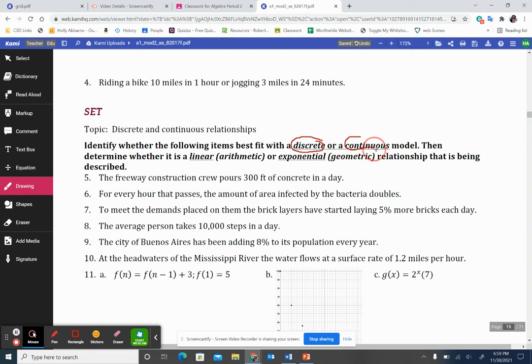That's the first thing you're going to decide. Is this discrete or is it continuous? Then after you've decided that, determine if it is linear or exponential, which is geometric. So you're going to give me two different answers. First, is this best discrete or continuous? Then, is it best linear or exponential? And you're going to write those right here.